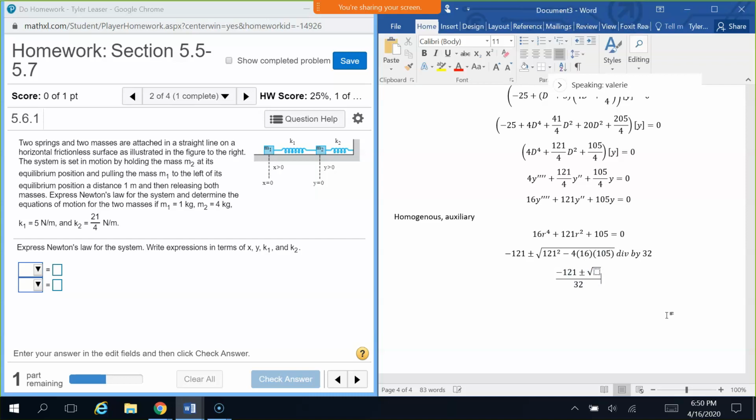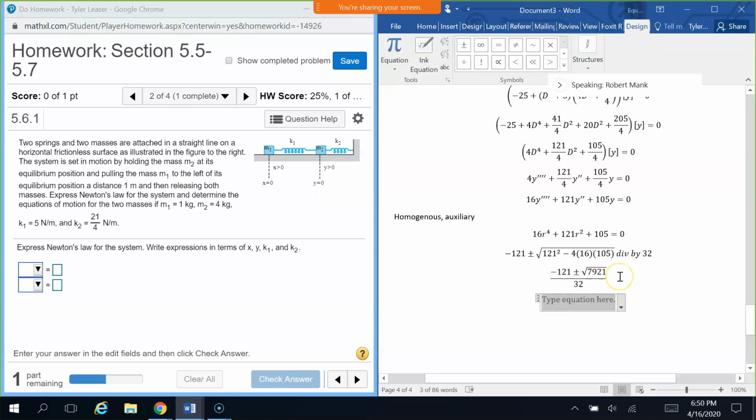Does anybody have a calculator that can save us? Oh, it's 121, okay, that makes sense. Inside the square root, it's 7,921. Does that simplify down? 89.